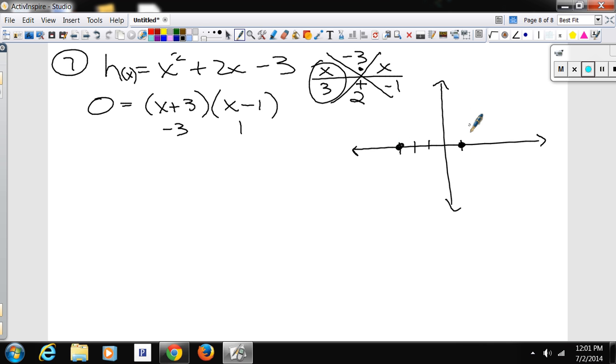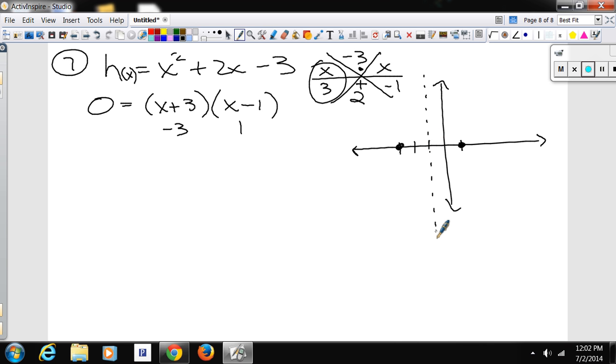So where do you think the vertex might be somewhere about? Think about the fact that these two have to be on the graph, right? So won't the vertex have to be halfway between those two? Where's halfway between them? 1, 2, 3, 4. So it's going to be right here, isn't it? So this is going to be my vertex.